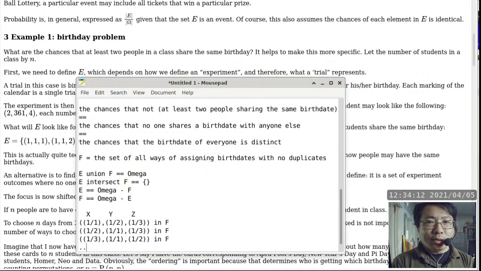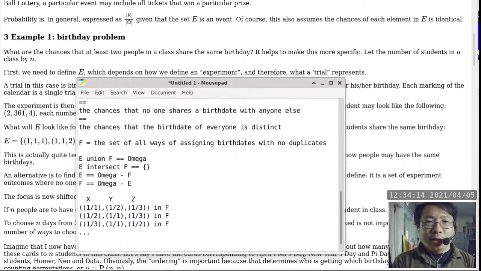But let's not do that. Let's confine ourselves to the first 3 days of the year. We'll just say we have picked these 3 days and forget about the rest of the year for now. The question is, how many ways can we assign just these 3 specific days to 3 individuals?